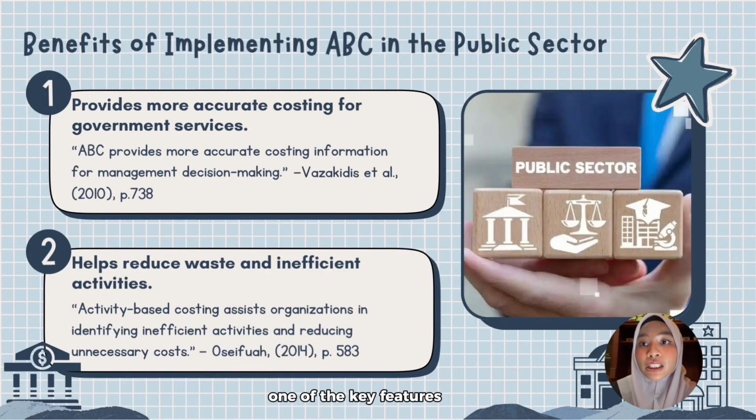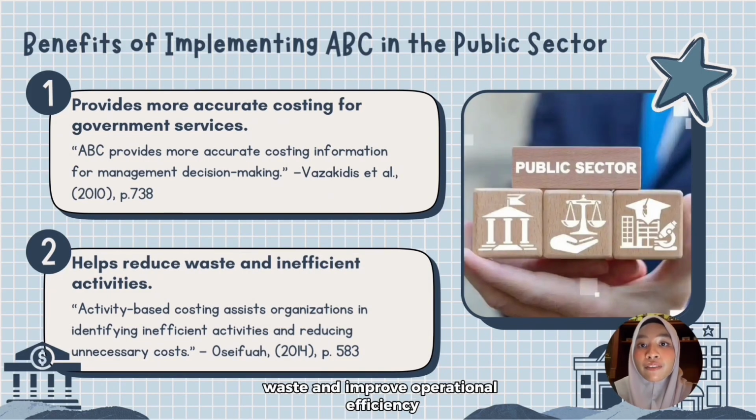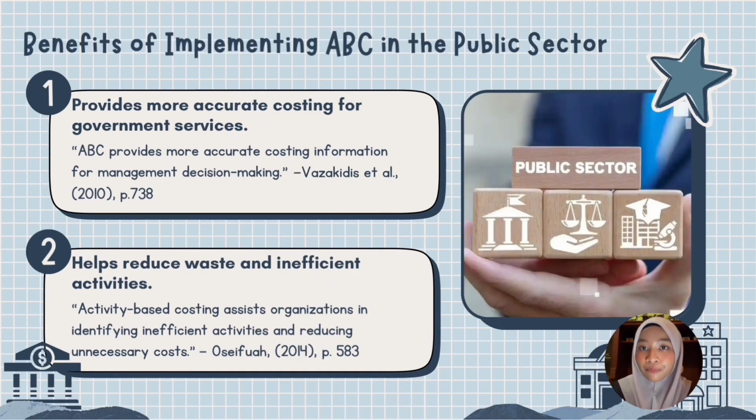One of the key features of ABC is its ability to identify activities that do not add value to the organization. By highlighting unnecessary processes and excessive resource usage, public sector organizations can eliminate waste and improve operational efficiency. This allows government agencies to utilize public funds more effectively and ensure that resources are directed towards activities that benefit citizens.